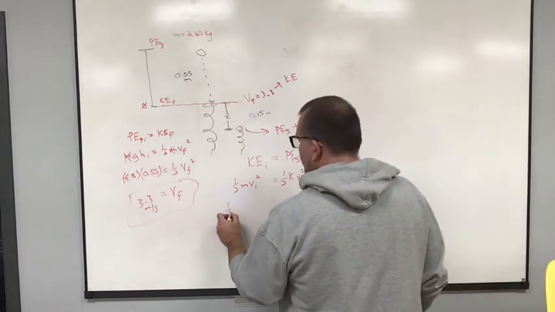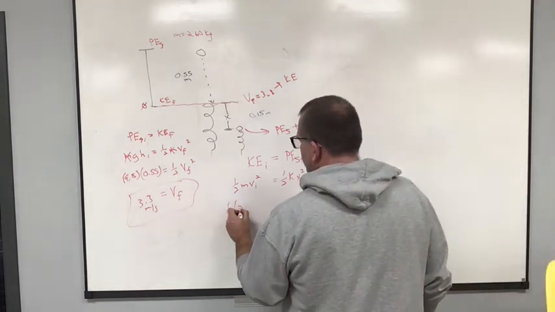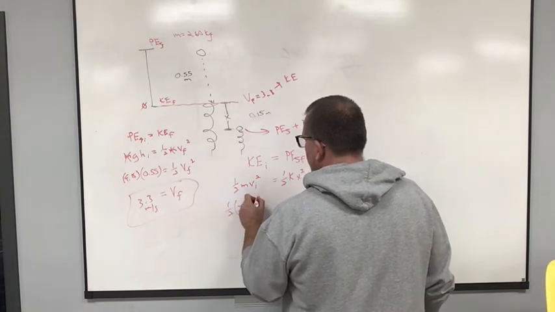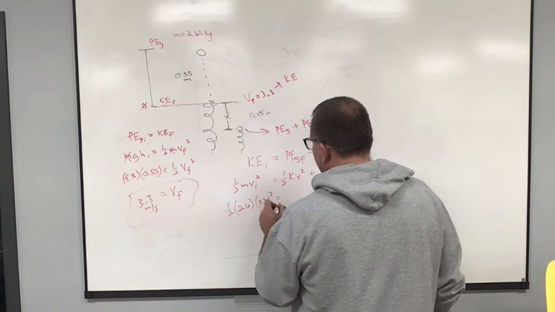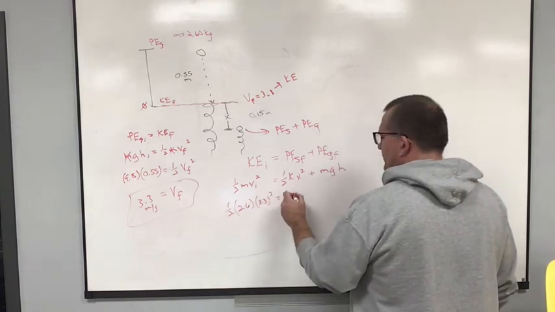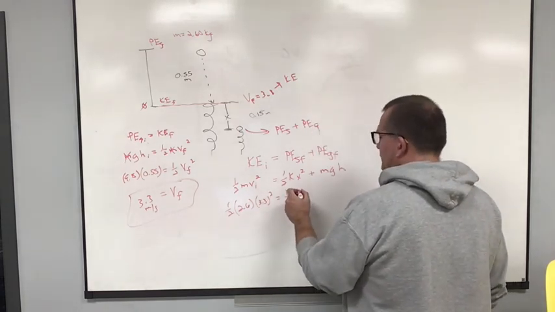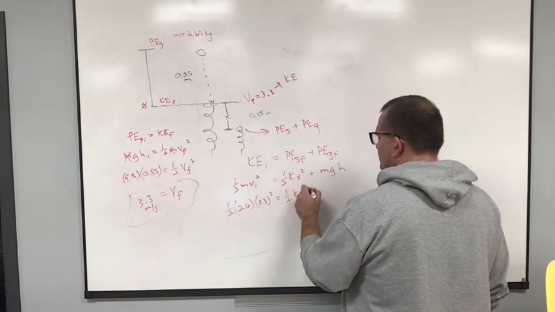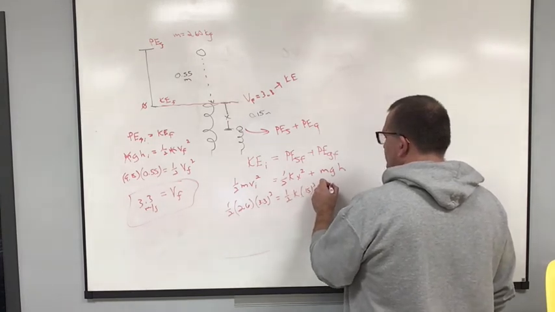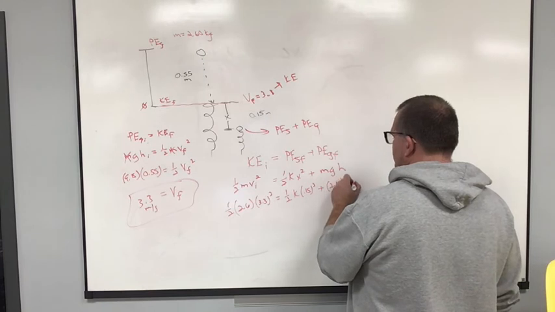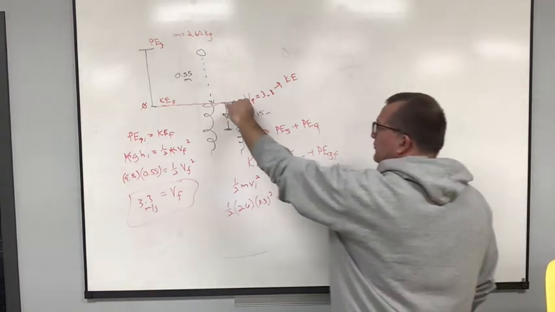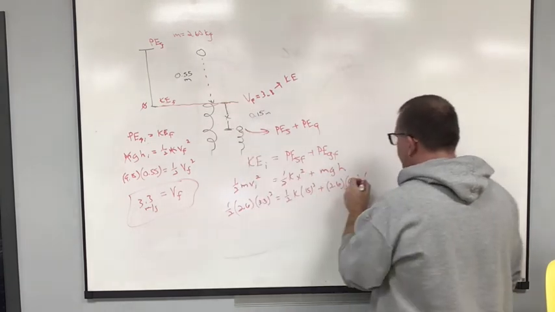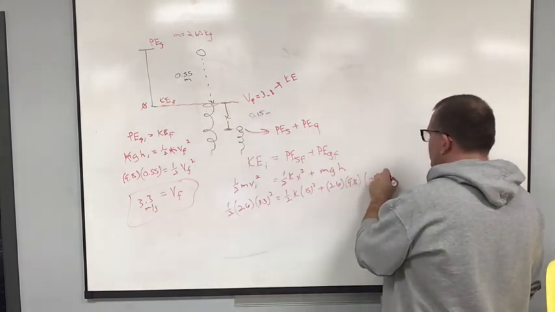So let's substitute in what we know. We have 1/2, our mass is 2.6, our initial velocity is 3.3 squared, equals 1/2 times k, which is what we're solving for, times our compression of 0.15 squared, plus 2.6 times 9.8 times, now our 0 point is here, so as we go down 0.15, it becomes negative 0.15.